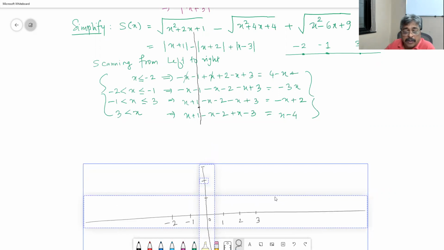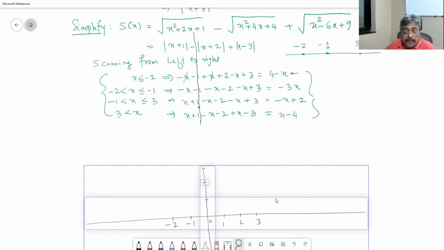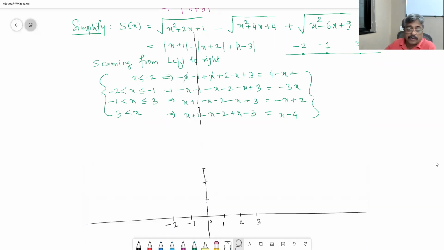Okay, that is not bad. Good. This is 1, 2, 3, and I require 4. The y-axis intercept is 4, the slope is negative, and therefore the line will go like this.